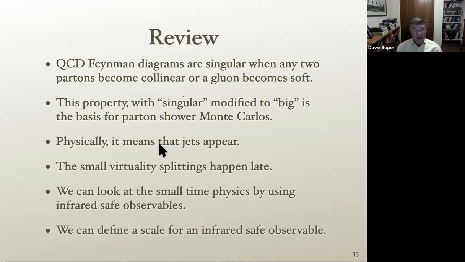And all this structure of QCD has a real physical result. It means that the final state's going to look like jets. And that's pretty amazing. Long ago, when the energy available, say in electron-positron annihilation at DESY laboratory, was 34 GeV, there were jets, but the jets were sort of indistinct.